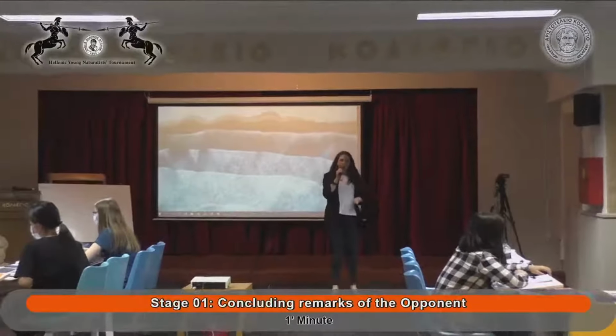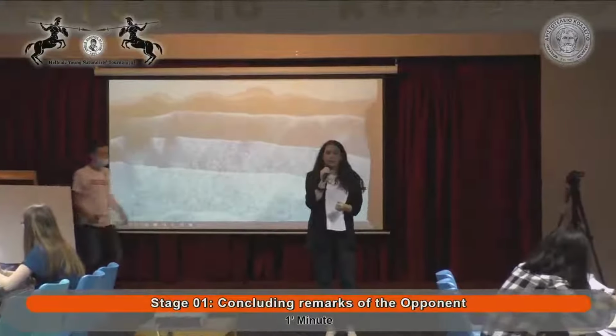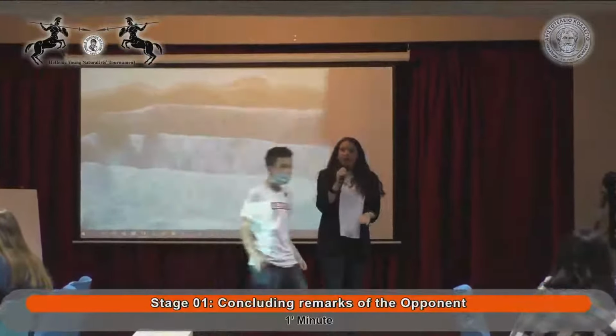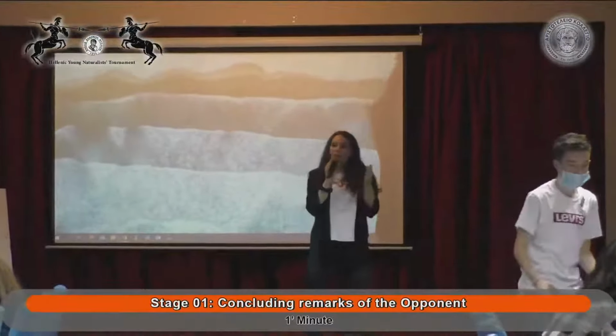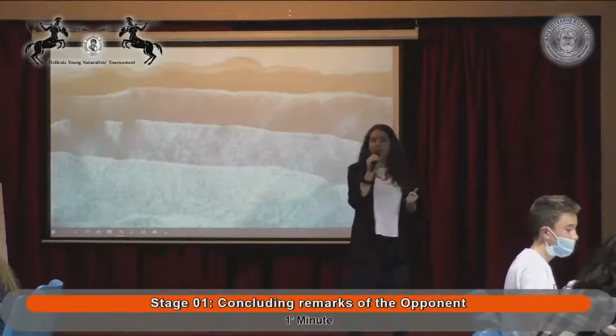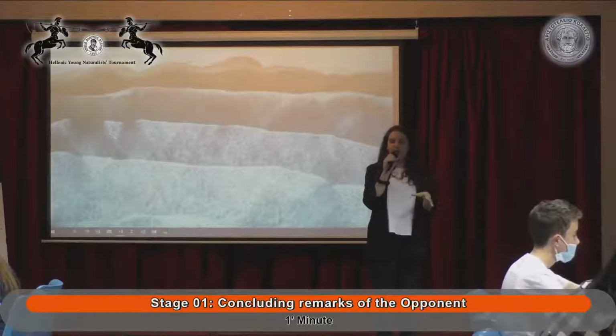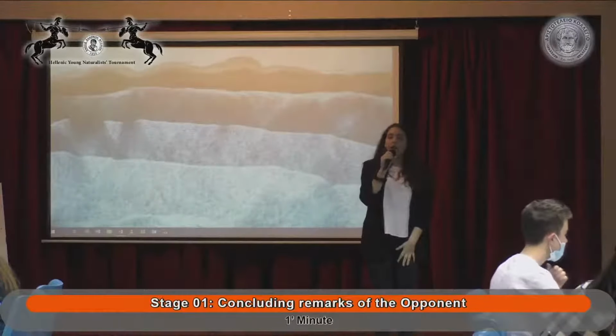Okay, I would like to thank you all for this amazing fight, but I would like to mention some of my points. Both the reporter and the reviewer mentioned that the pH of the disinfectants and other substances did not affect the microorganisms.